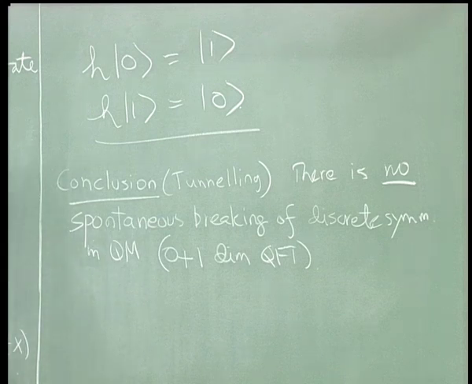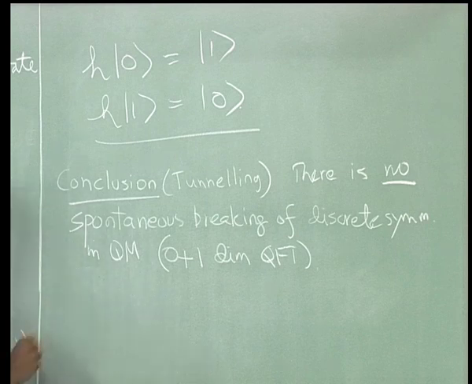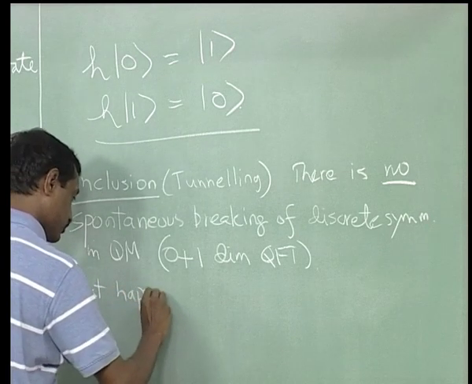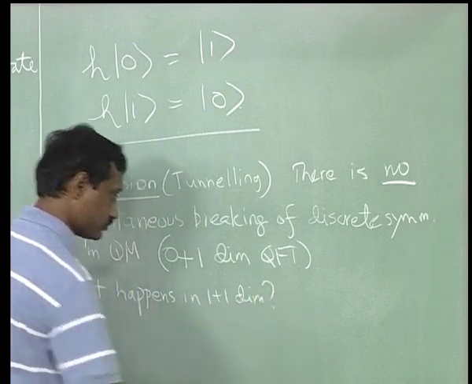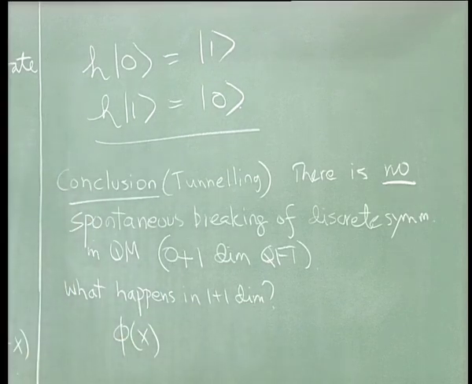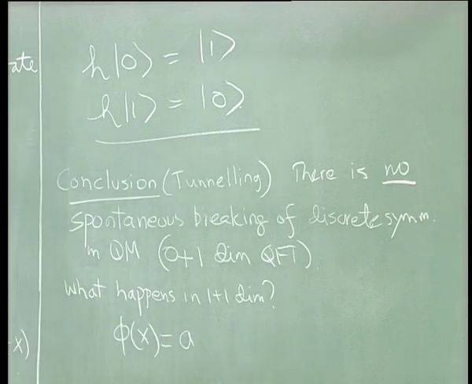Now let us raise the thing to one extra dimension. Let us go to 1 plus 1. What happens in 1 plus 1? Now we have infinite degrees of freedom, phi of x, and let us say that we chose phi of x to be whatever it is that breaks. It is again exactly like this.